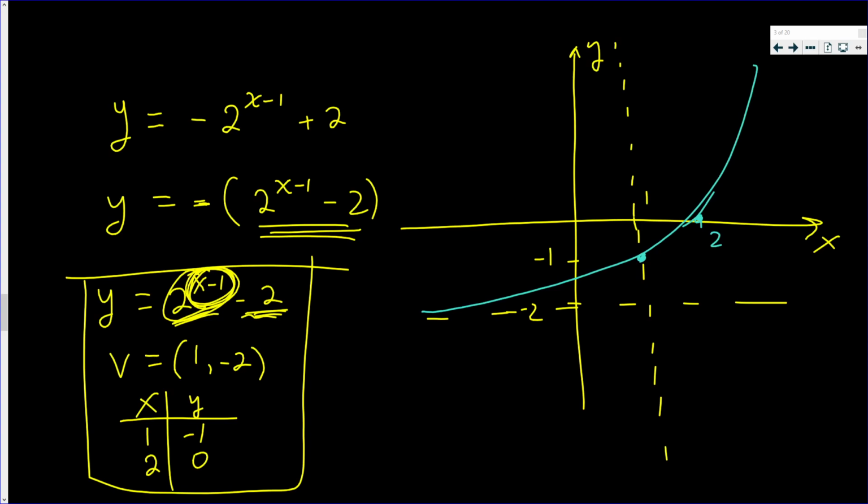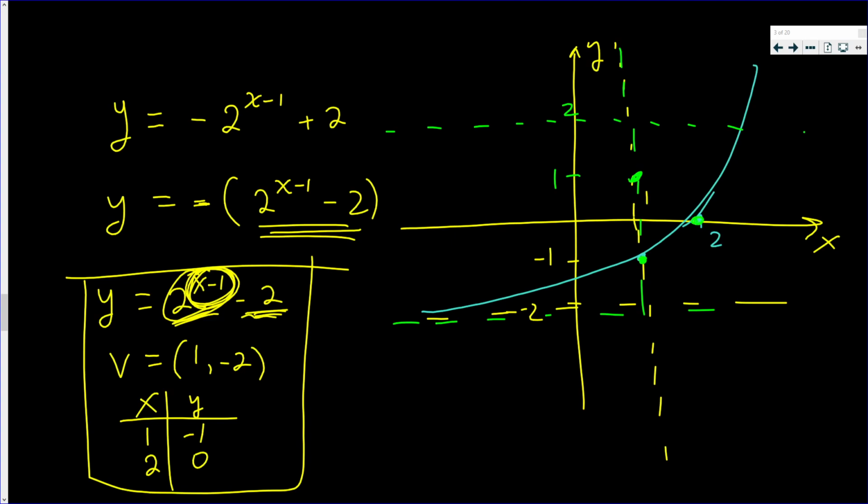Okay, now we want the mirror image of this graph. The mirror image of this graph is, instead of getting closer and closer to negative 2, we're going to get closer and closer to 2. And instead of crossing this dotted line at negative 1, it's going to cross it at positive 1.